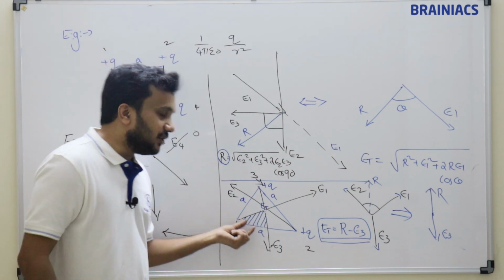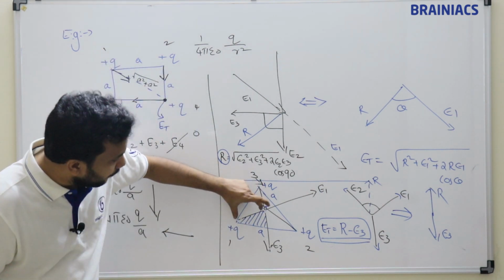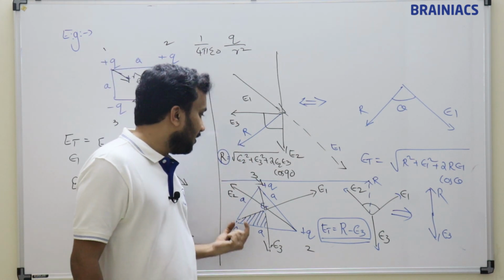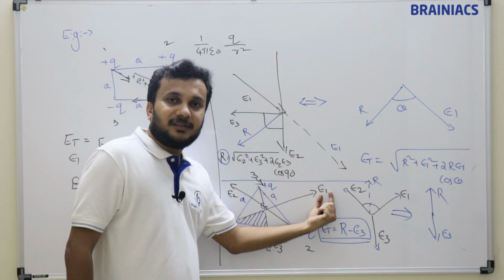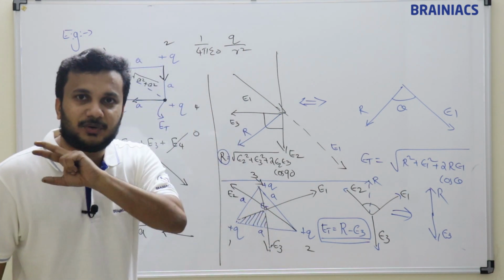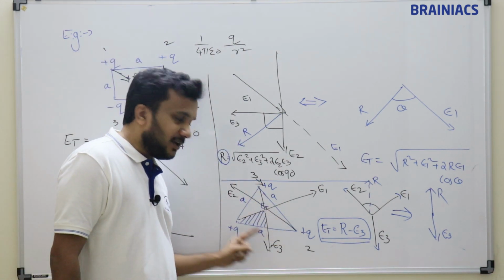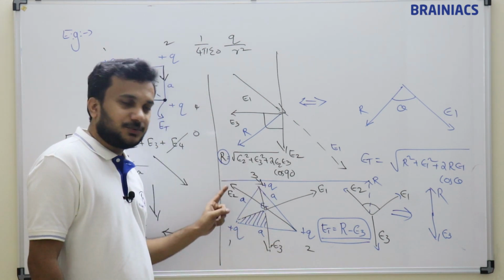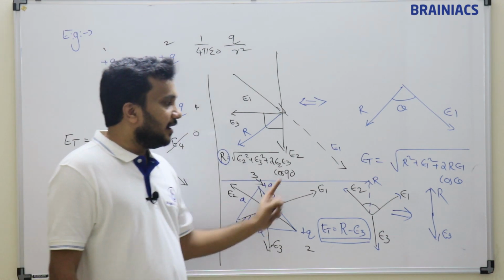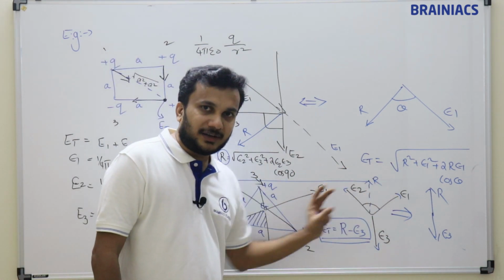You can apply the Pythagoras theorem and find this hypotenuse, this distance, and take it to calculate the value of E1. The E1, E2, E3 values are magnitude-wise all the same, because all are equal charges at equal distance from the centroid point.